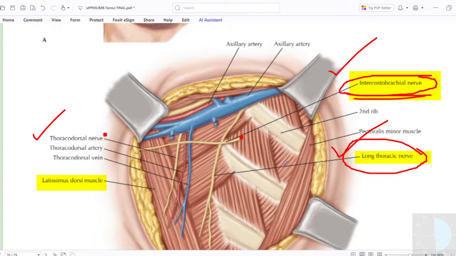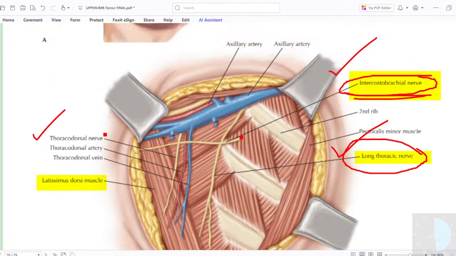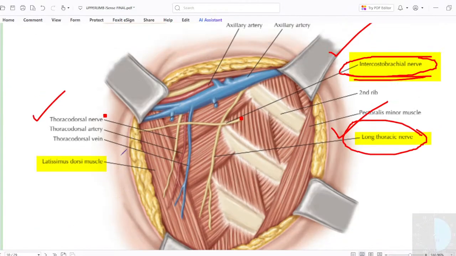Now see, this is a common question. During mastectomy, which nerve or vessel can be affected? Here we have the thoracodorsal nerve, number one, the intercostobrachial nerve, number two, and the long thoracic nerve, number three.